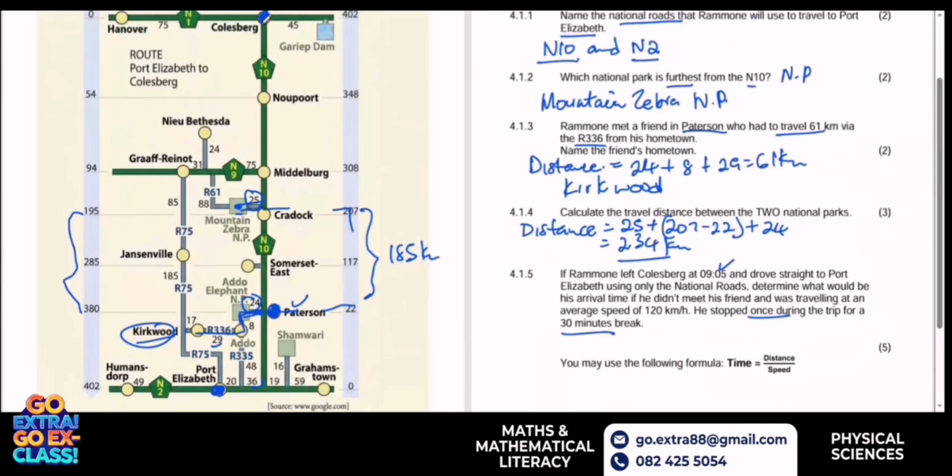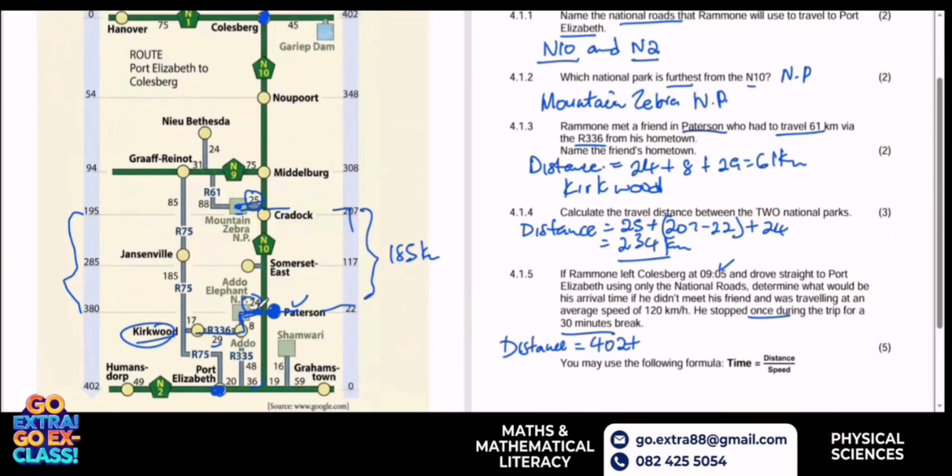If we move down vertically, what will be the distance coming down here? We can read the distance from the left here. We're looking for the distance he needs to travel between Collinsburg and Port Elizabeth. If we look on this left-hand side, you will see that the distance is about 402.